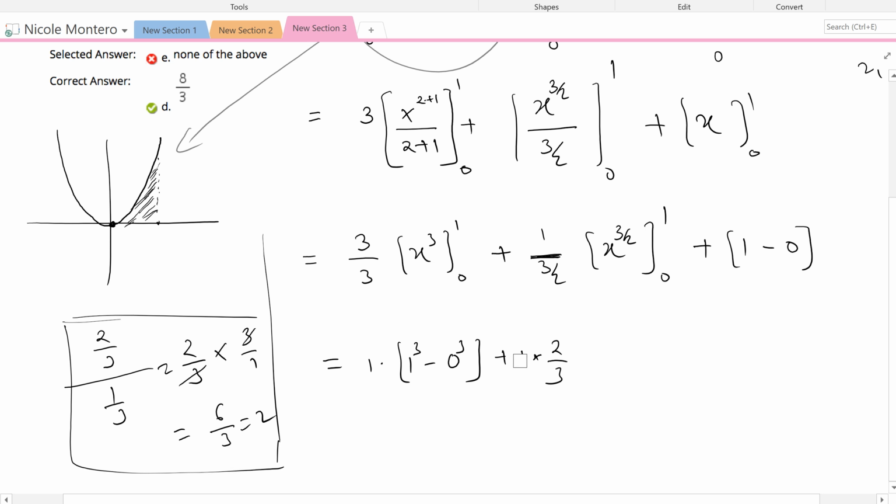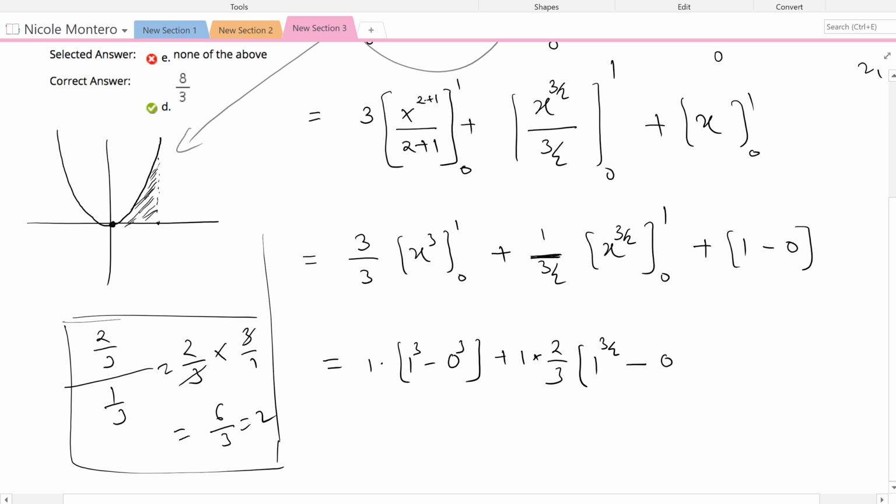Now your top was just 1, keep the top as it is. Convert division to multiplication and then do the reciprocal of the denominator, which is 2 over 3. And then you do the limits. So you replace x by 1, 1 raised by 3 over 2 minus replace x by 0.